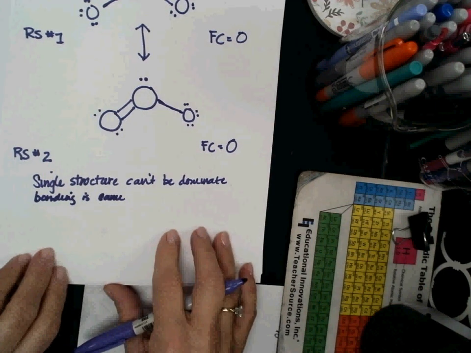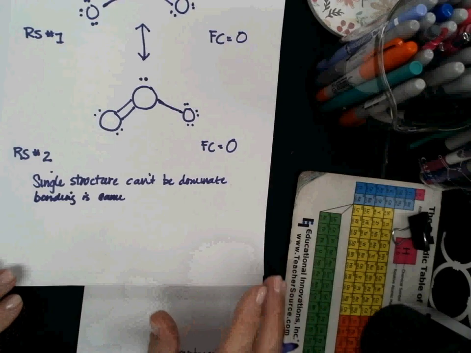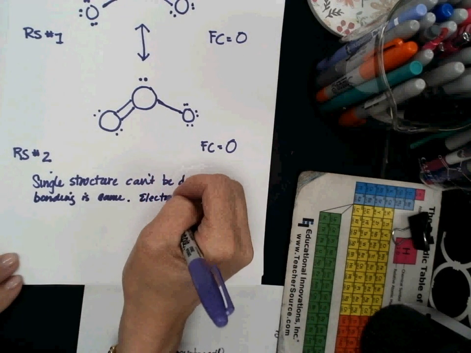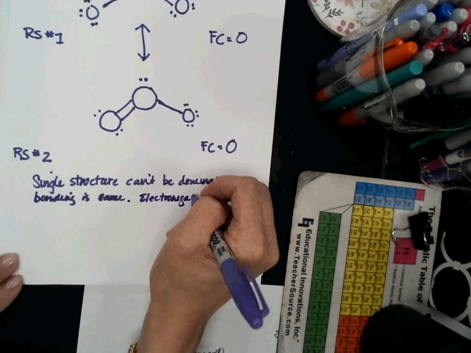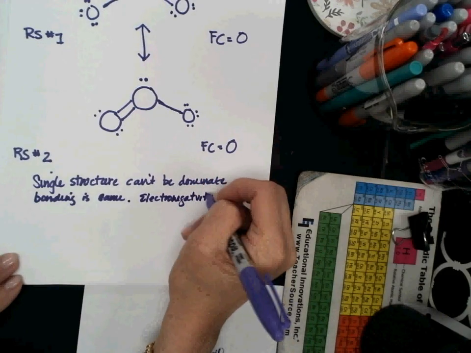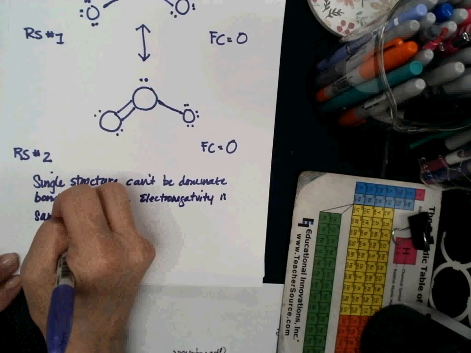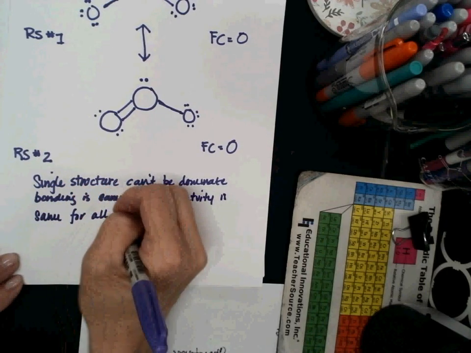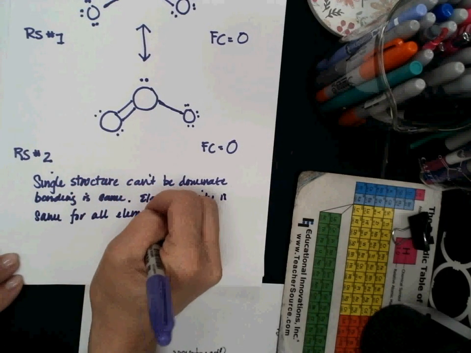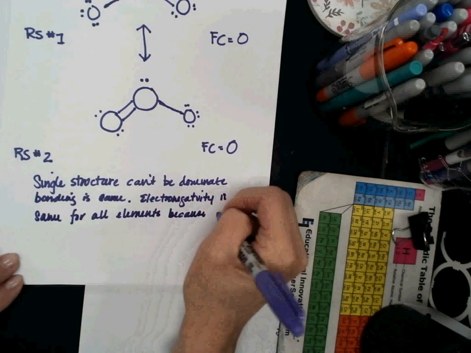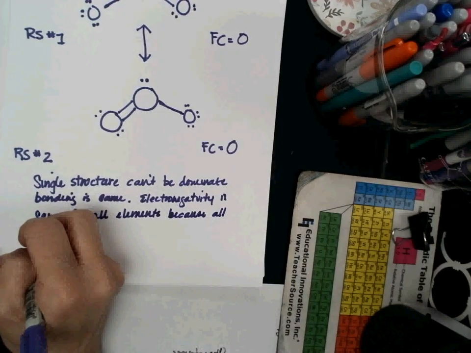So when I have no reason for one structure to be dominant over the other, and for this one I would say electronegativity, this is another defense, electronegativity is the same for all. Because all atoms are identical.